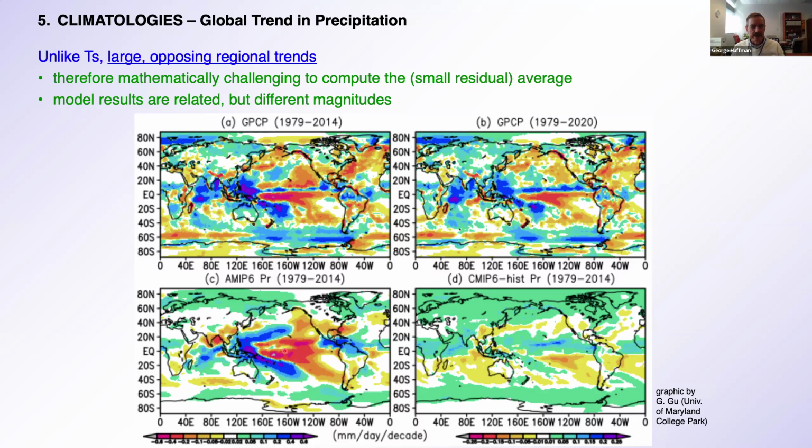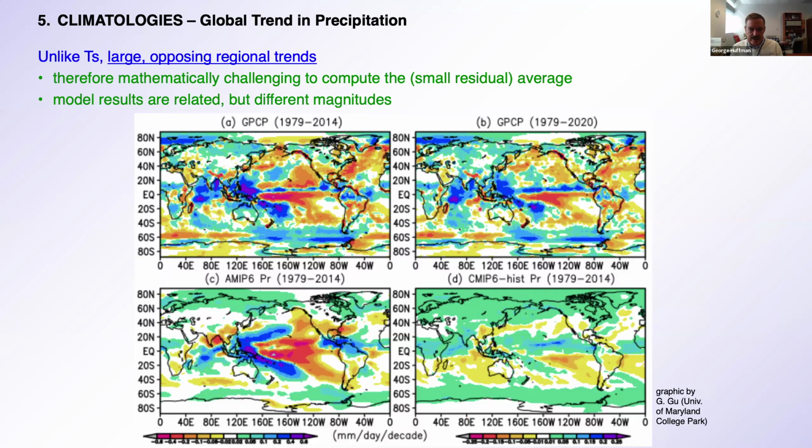What you see is that the AMIP does a reasonable job of reproducing a number of the major features, and the CMIP, for what it's worth, this is CMIP6, doesn't get the amplitude. And it's even worse because it's a little bit smeary, but if you could read the color bar numbers down here, it's actually multiplied by like a factor of 3, I think, to get any kind of variation in color at all. It's just really too flat.